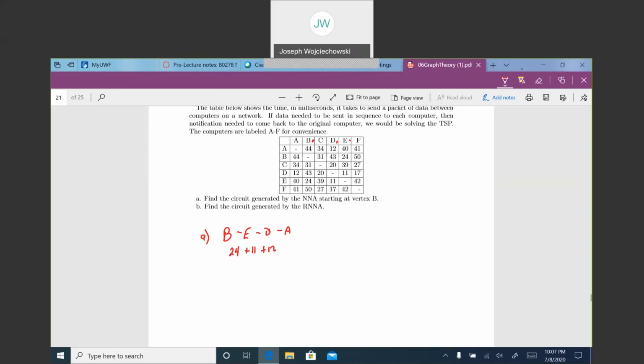So now I'm at A. What's closest to A? Again, it's D, but I've already been there. C and F are all that's left. Can't go to D. Then comes C, which works out. So now I'm at C with 34. I'm at C. The only place left to go is F. C to F is 27.